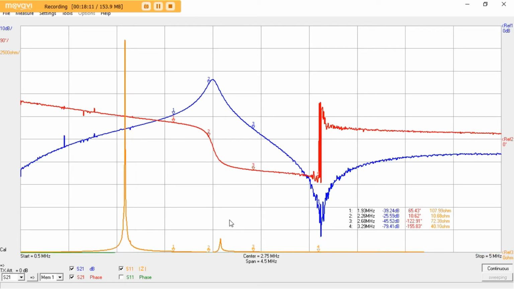That's around about 1200, 1250 picofarads. Again, not that much change to the transmission gain, only a small shift in its center frequency. This parallel mode remains largely unchanged by that adjustment with the primary tuning capacitor.